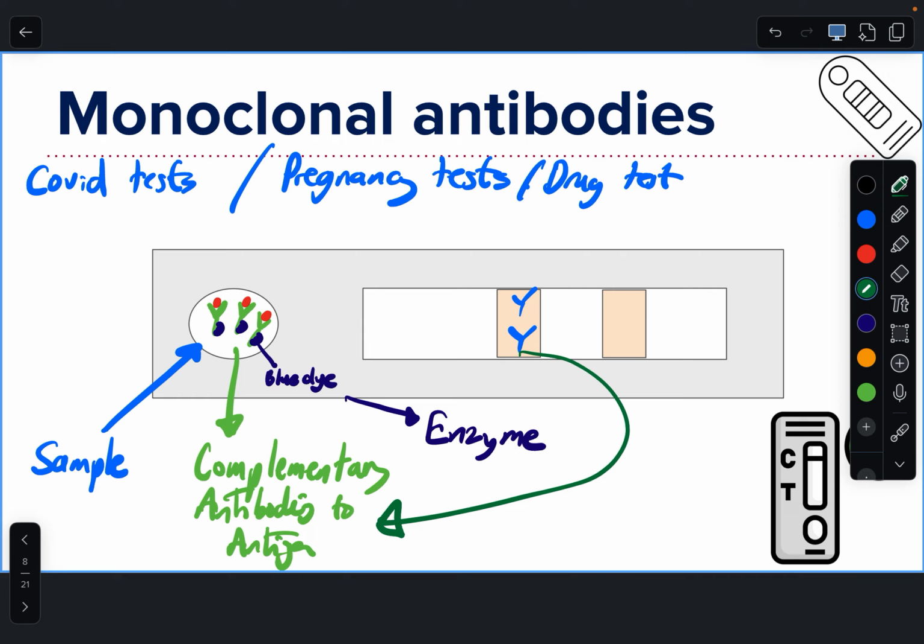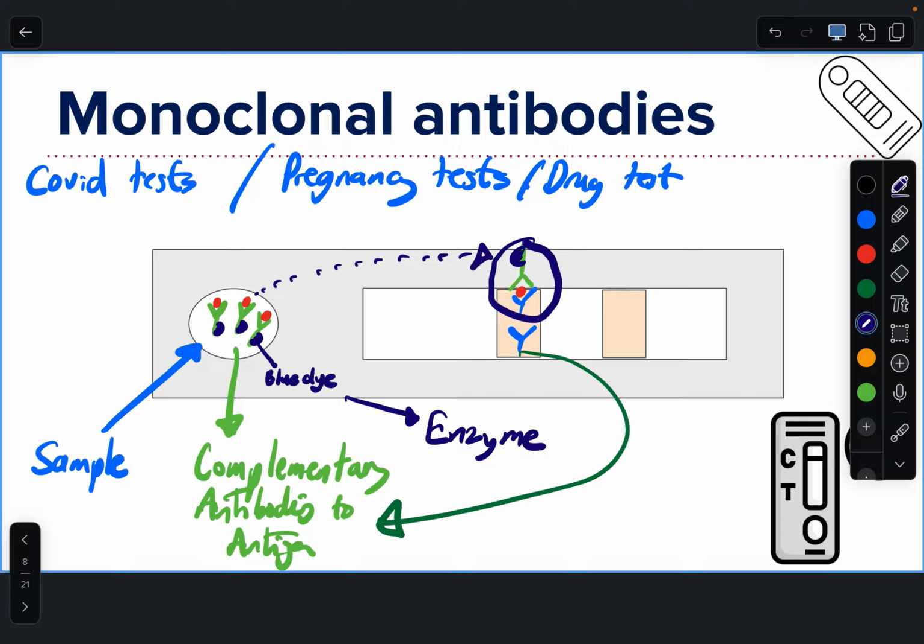So if that antigen is present in the sample, it will then bind to it like this, and you'll end up having something that looks like this. So all I've actually done is one of these is the same as one of those. It's now just joined together to make this. And that then means it shows up blue. Okay? So if the antigen is present, it will bind to this complementary antibody on the test strip, and then it will go blue.